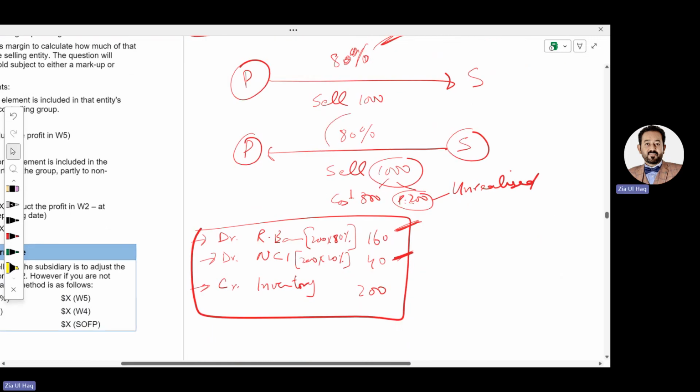If holding is less than 100%, some part is relating to non-controlling interest as well. So in that case, we will credit inventory by the complete amount. And retained earning will be debited relating to group, meaning parent company share, and the remaining will be relating to non-controlling interest share.